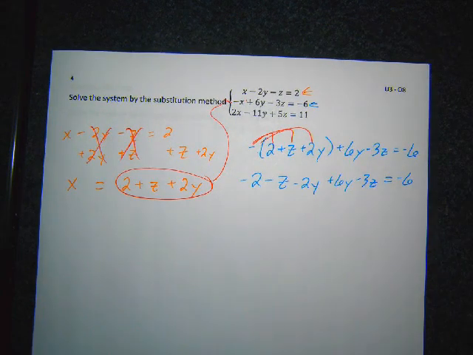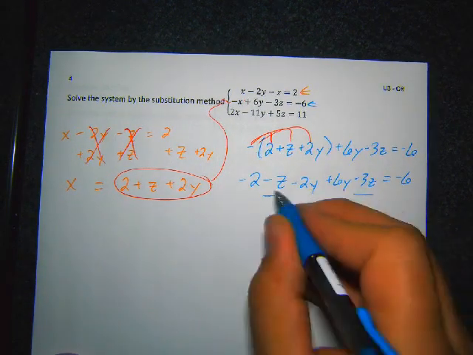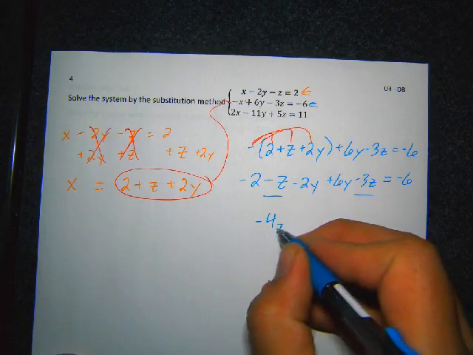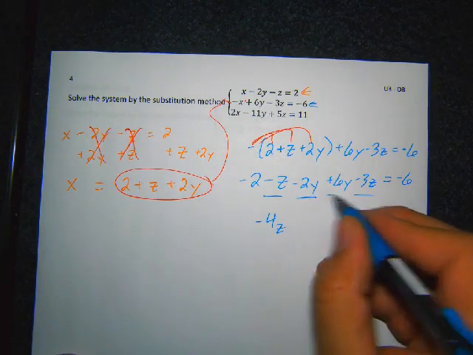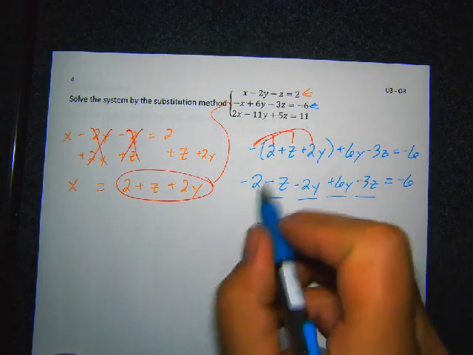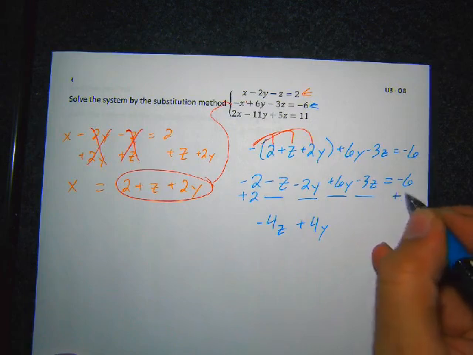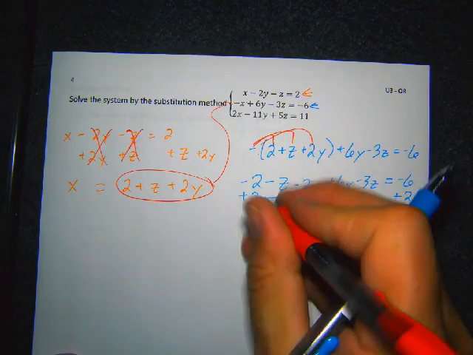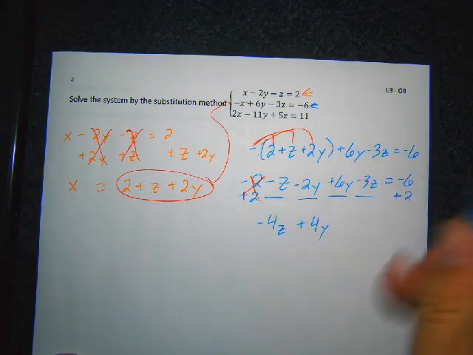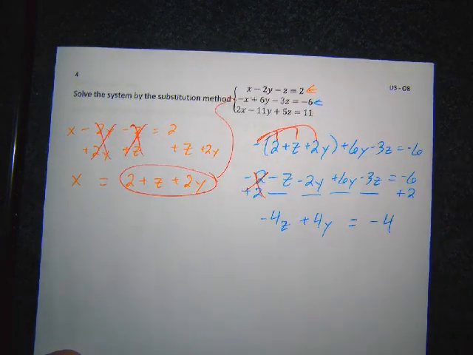Now I can do some combining like terms. I have a minus z and a minus 3z, so combine those, I get minus 4z. I have a negative 2y and a positive 6y, combine those, I get positive 4y. I'm also going to get rid of this negative 2, because I'm going to have to solve for these letters. I'm going to add 2 across, just to get the numbers on the same side. So I get rid of this minus 2 and put it on the other side, so it equals negative 4. Negative 6 plus 2 is negative 4.